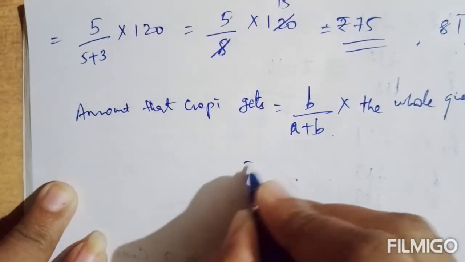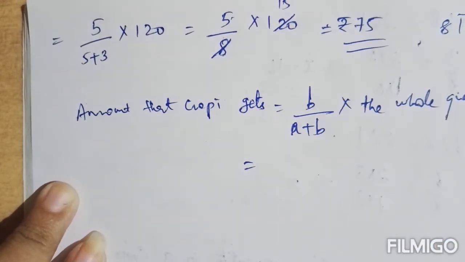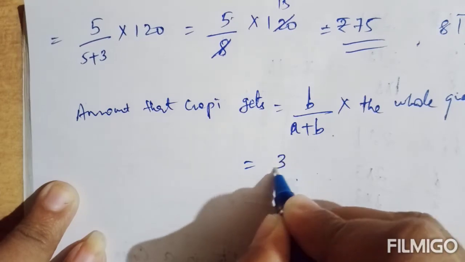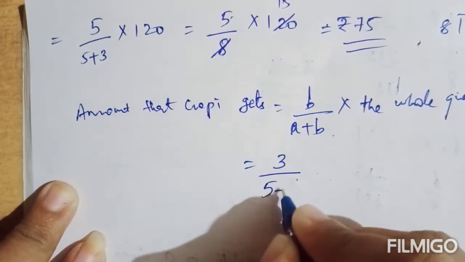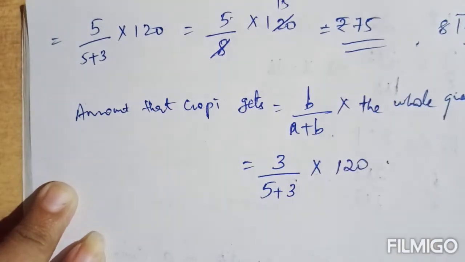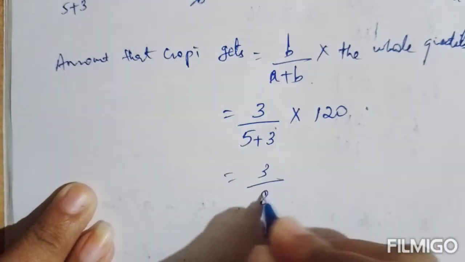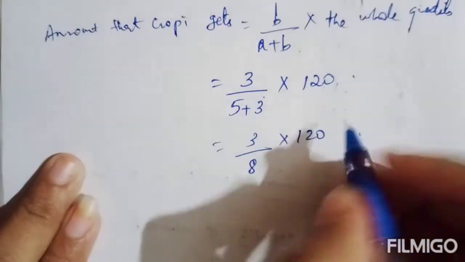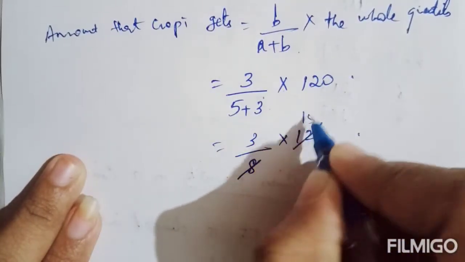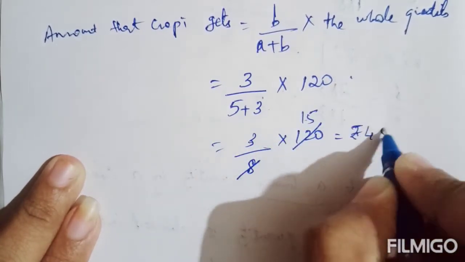In place of B, the ratio's second term we can take as B. So 3 by A plus B, it is 5 plus 3, into the whole quantity, 120. So 3 by 8 into 120. 120 divided by 8 will be 15 here. Now 15 into 3 is rupees 45.